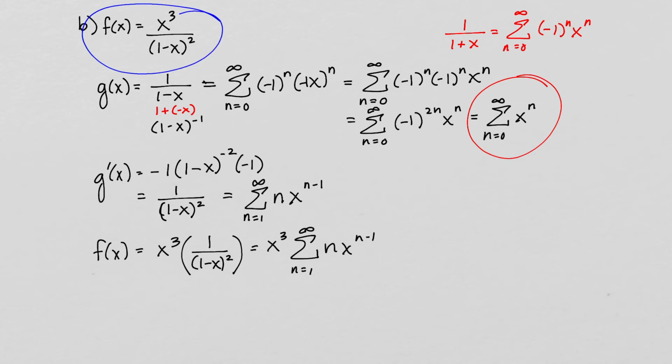I can take the x cubed inside, so this becomes the summation n equals 1 to infinity of x cubed times n x to the n minus 1, or the summation n equals 1 to infinity of n x to the, if I add 3 and n minus 1, I would get n plus 2. Does that make sense?